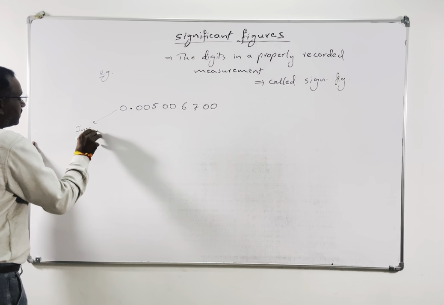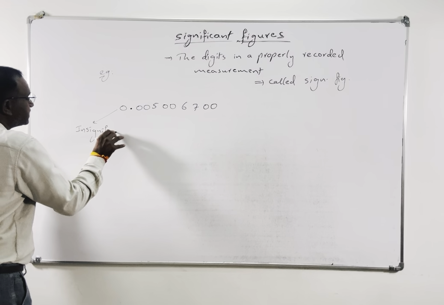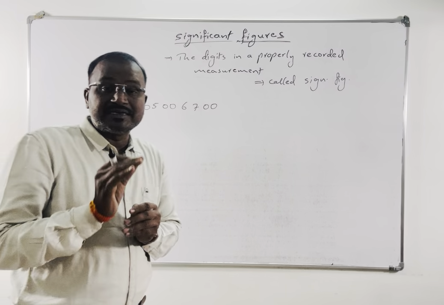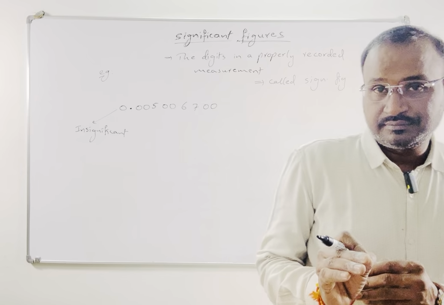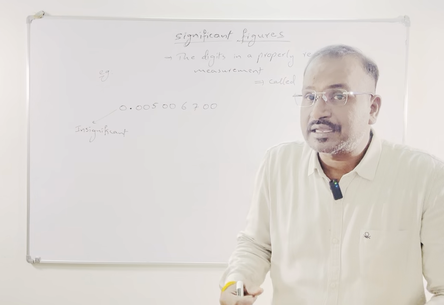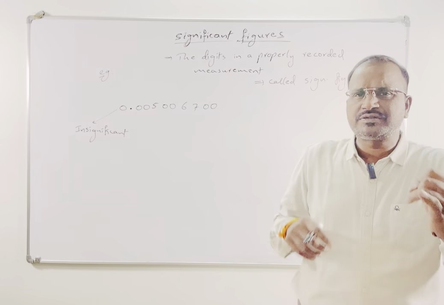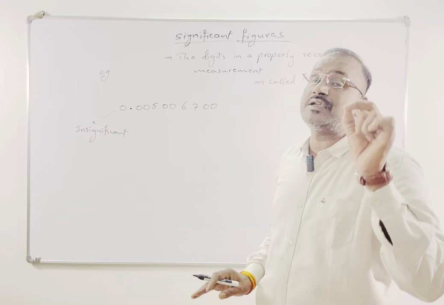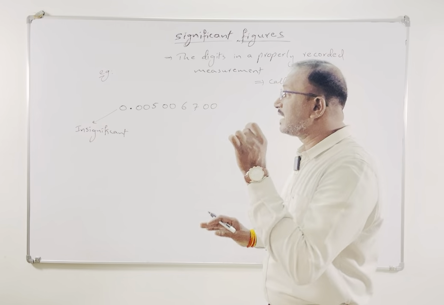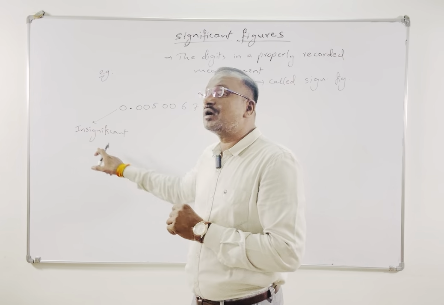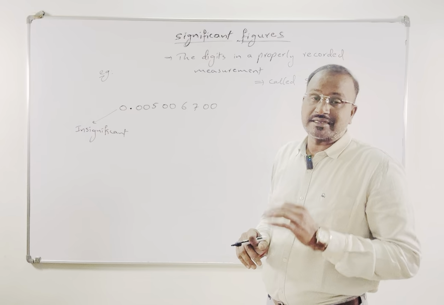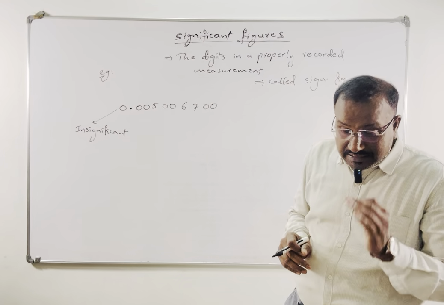We should not consider it as a measurable value. If a non-zero is there, that is significant. Non-zero means 1, 2, 3, 4, 5, 6, like that. If it is there, that is significant. If zero is there, that is insignificant. We should not consider that as a proper digit in the experiments.